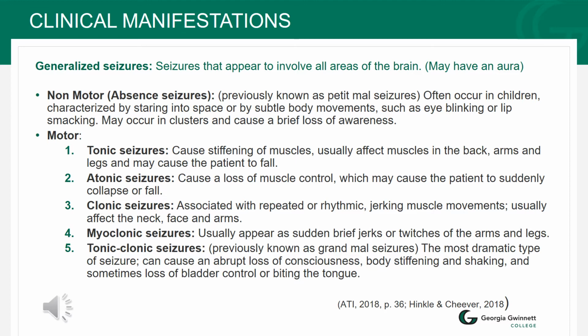But the generalized seizures that are in the motor category, there are 5 of them. The first one is a tonic seizure. In tonic seizures, only the tonic phase is experienced. Clients suddenly lose consciousness and experience a sudden increase in muscle tone, and then an autonomic manifestation, which is apnea, where they're not breathing, arrhythmia, and incontinence.